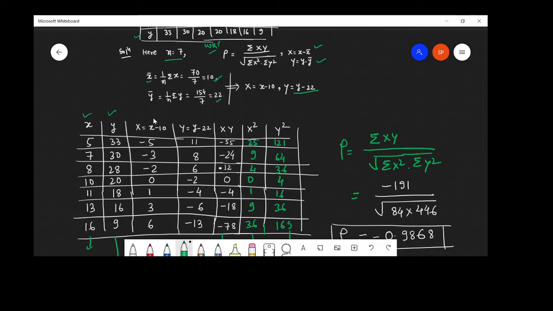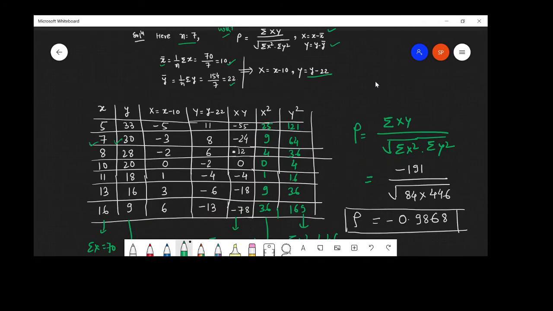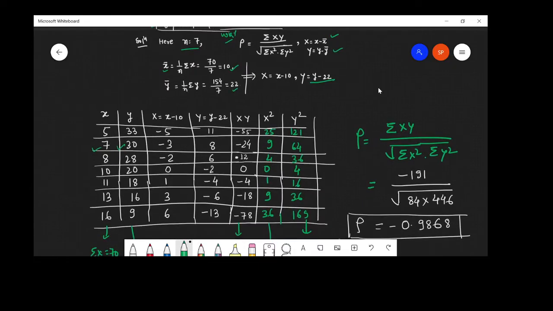Then capital X is equal to x minus 10 and capital Y is equal to y minus 22, this is the formula. We need XY, so we construct one column for XY, and after that we need summation X square, so we construct X square, and after that we need Y square. Here we write the Y square column, and here x is given, y is given.